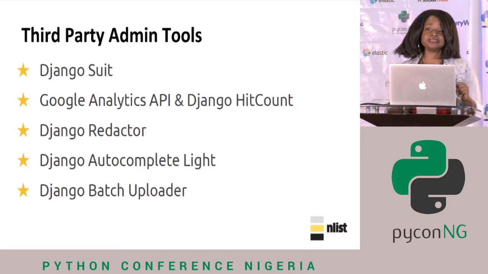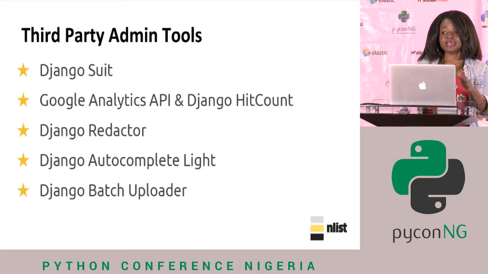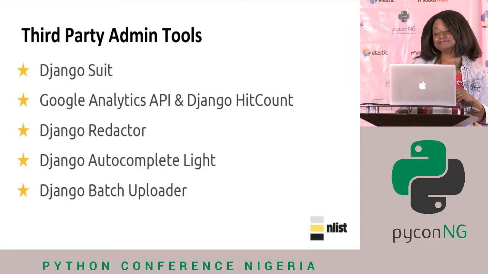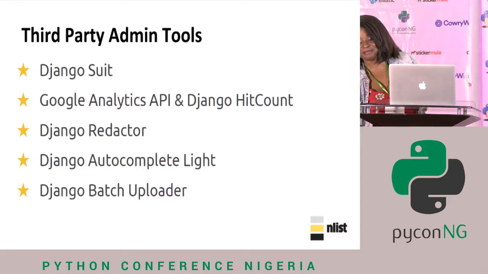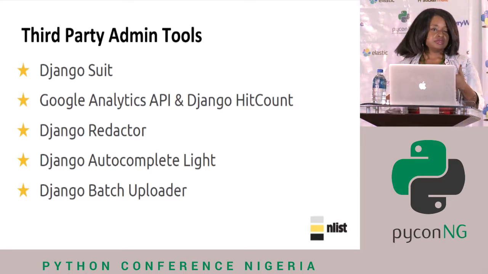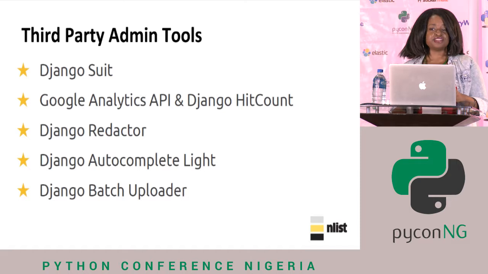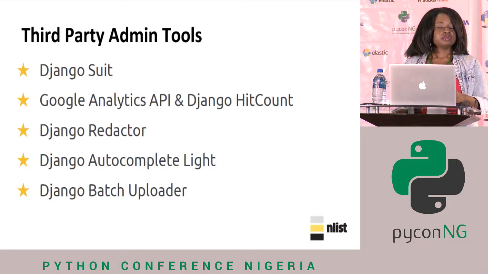I use Google Analytics API to build charts in the admin. So I can see how many visitors were on the site within the past few days, what movies are trending this week, what people are more popular this week. I use the API and Django Hit Count to keep track.